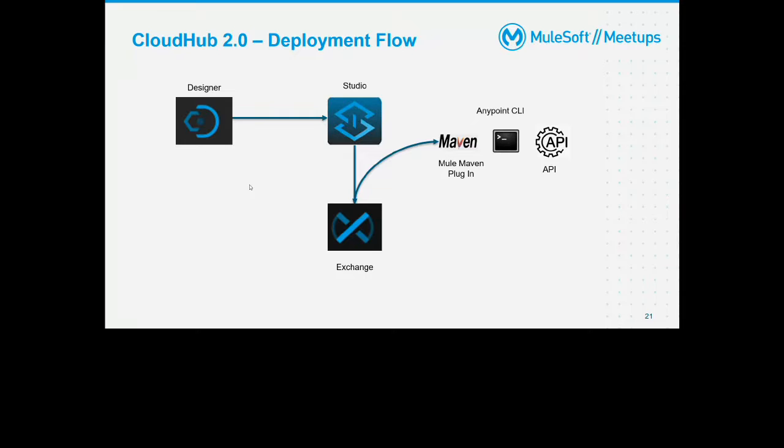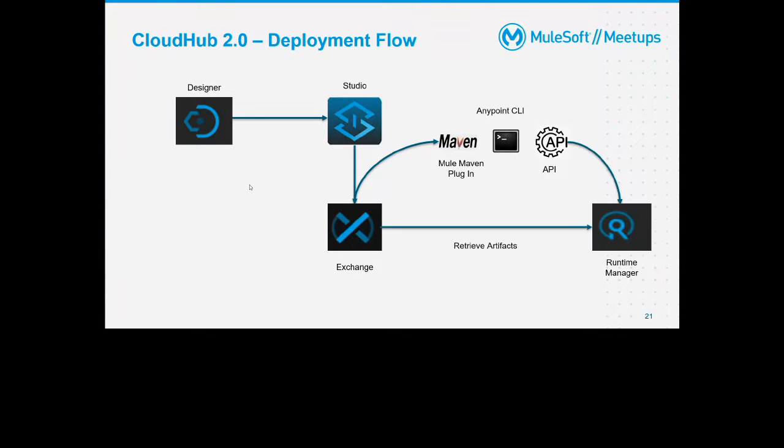And then in CloudHub 2.0, when I try to deploy it on my CloudHub runtime from my Studio or from my local machine, it will first create the application on Exchange, and then from Exchange it will call the underlying Mule Maven plugin, or maybe Anypoint CLI, or maybe the platform REST API, and then it will deploy the application on Runtime Manager.